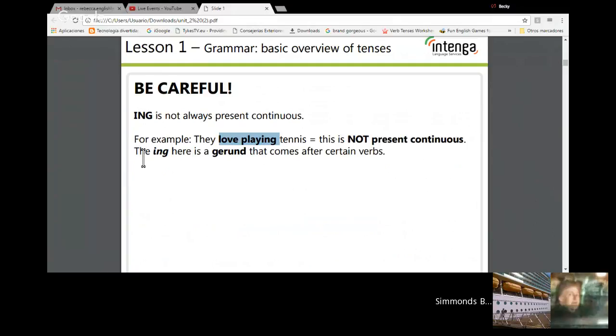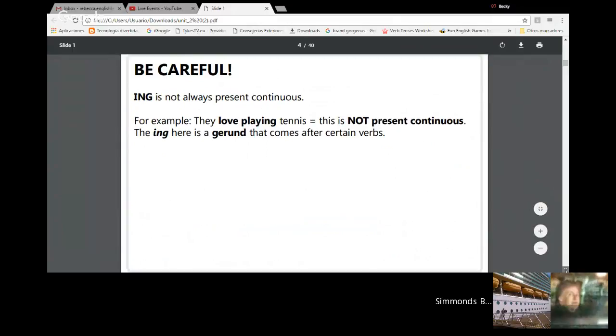And this is a gerund, but that's only because of love, because after certain verbs, we use ing, or infinitive with to, or just the base verb. So again, this is a whole other class. I'll just continue on.